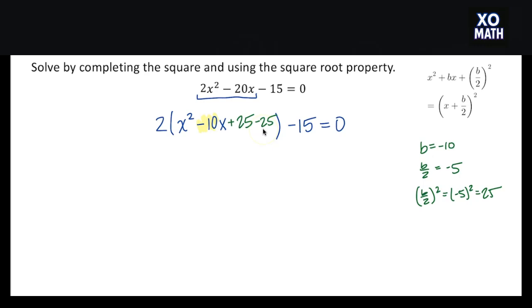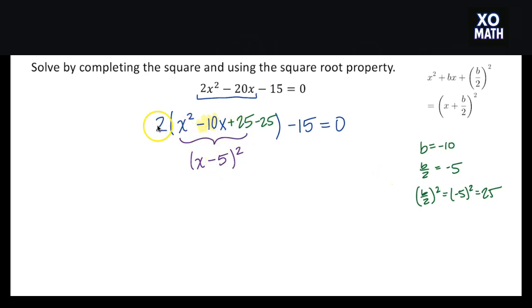Now the whole idea is that those three terms are of the form x squared plus bx plus b over 2 squared, so they factor to the quantity x plus b over 2, all squared. Well, b was negative 10, and when we divided by 2, that's negative 5. So it's actually going to be x minus 5 squared. And that's those first three terms.